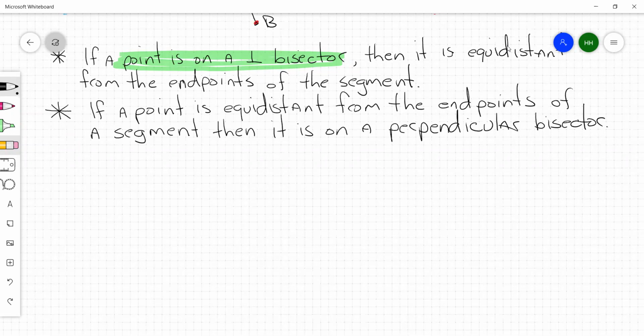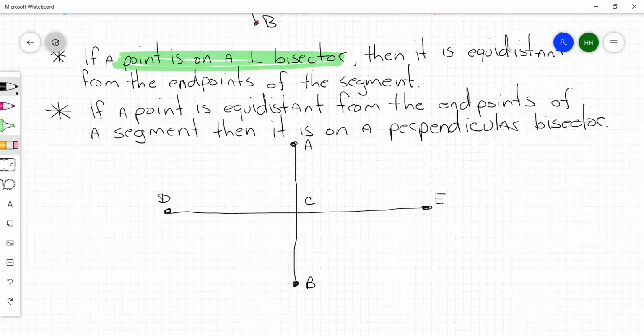Here's how this rule would work. If you're given this diagram and this diagram, and you're told that AD is congruent to AE, let's add a number right here.